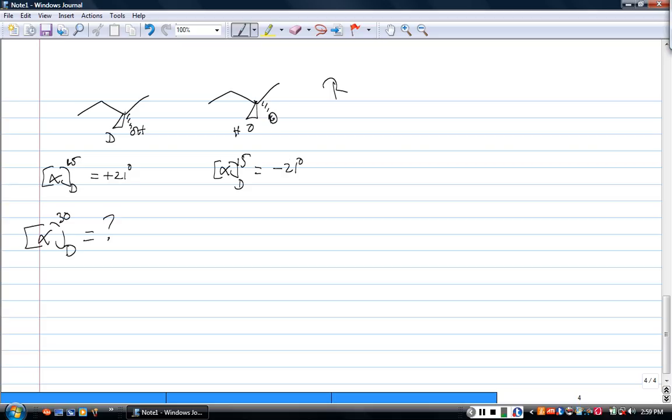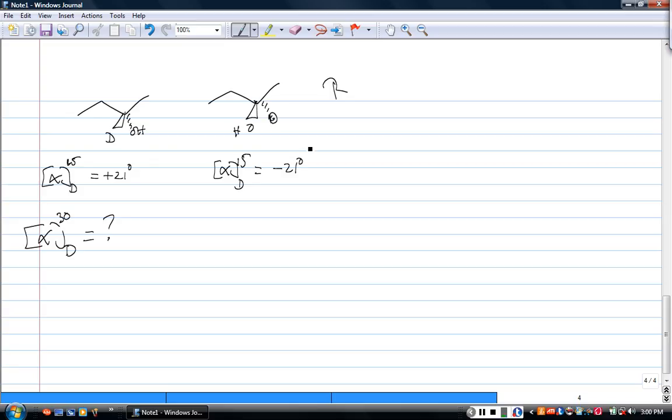We have made up priorities for these groups, and we've done this arbitrarily, and we've said this in that direction would be the R configuration. That's fine. The molecule will rotate plane polarized light as it sees fit. And not because this is R does it mean that this is going to be plus. The configuration of my stereocenter has absolutely no bearing on the direction of rotation of plane polarized light.